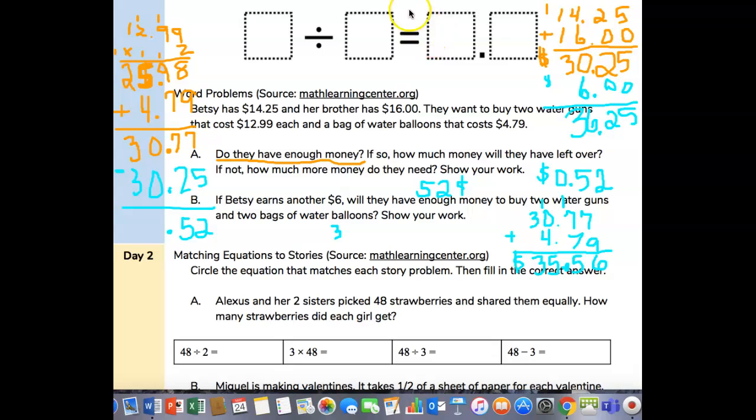Okay, so this is what they need to get 2 water guns and 2 bags of balloons, $35.56. And if she earns $6 more, she'll have $36.25. So, yes, she will have enough money. Okay? Is that all it tells us? Yeah, we don't have to find out how much she would have left, but for fun, you might want to find that out.